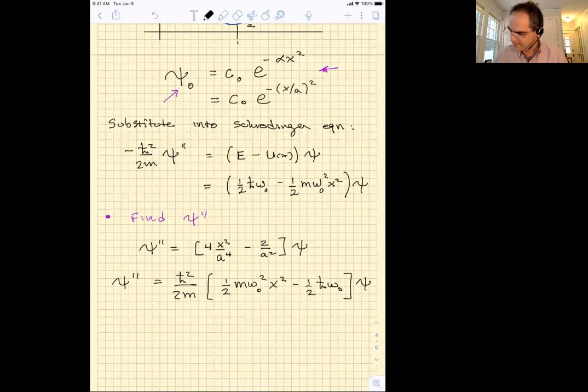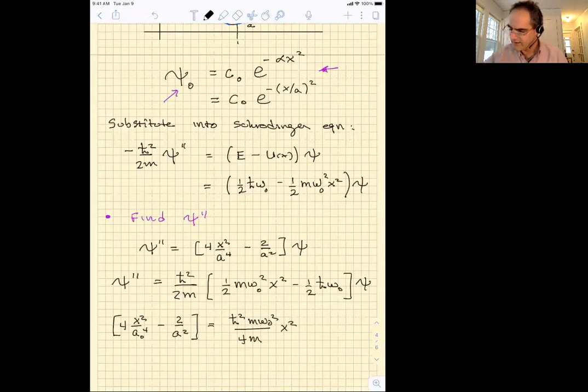Okay. So now we're saying that 4x squared over a naught to the 4th minus 2 over a squared must be equal to the terms on the other side. The first term is h bar squared m omega naught squared over 4m times x squared.